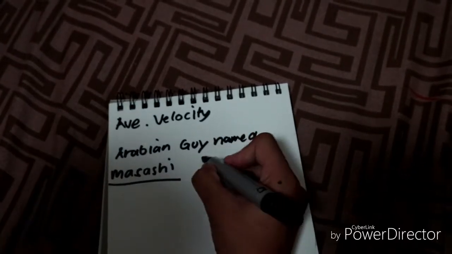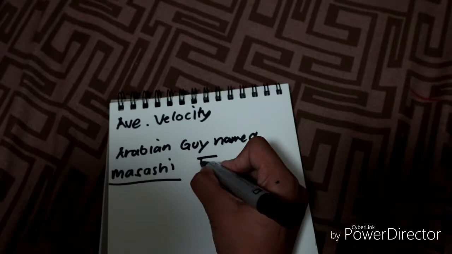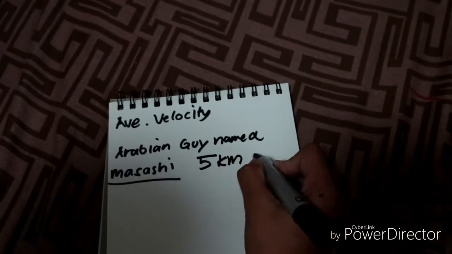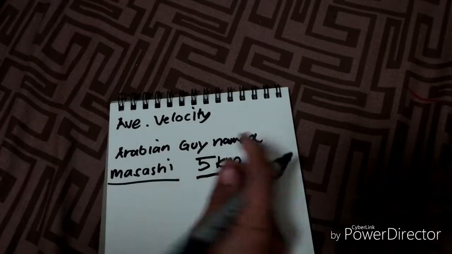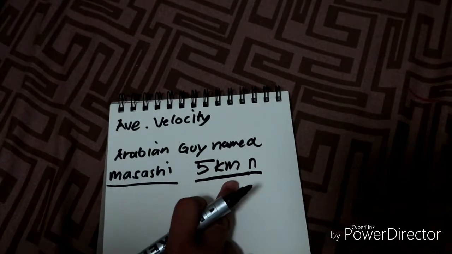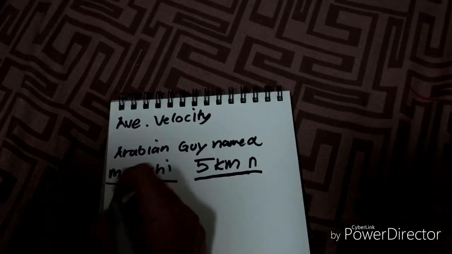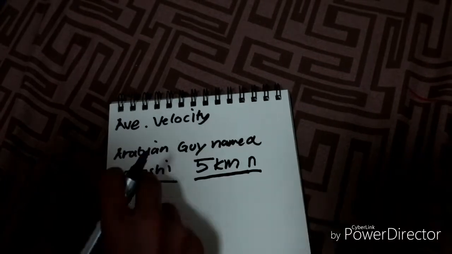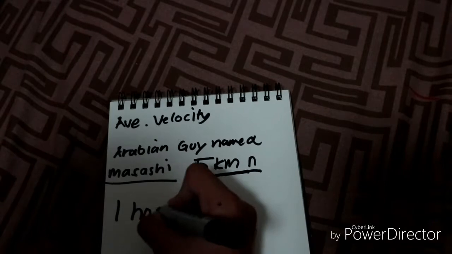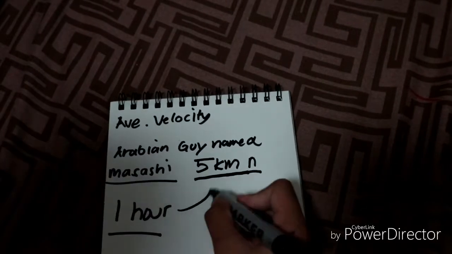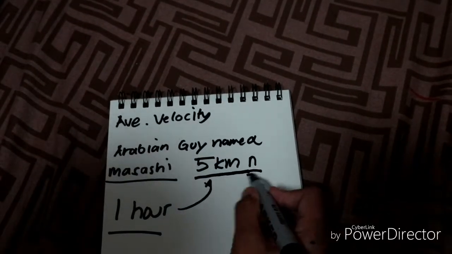So Masashi was able to go 5 kilometers north. Okay, so we need to underline these factors. 5 kilometers north. It took him 1 hour to reach 5 kilometers north.